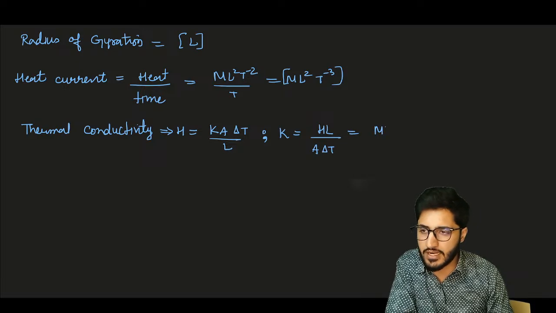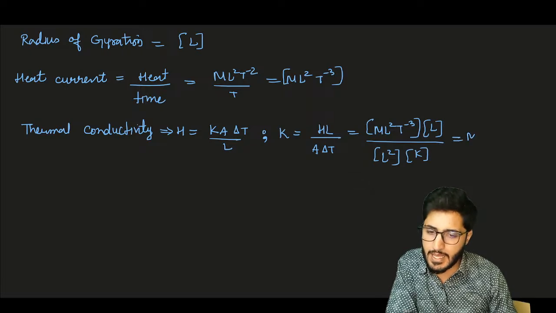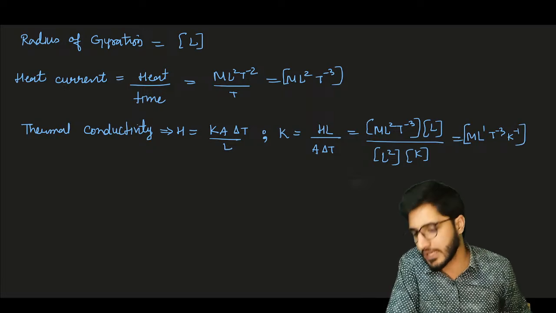H is heat current, that is ML2T^-3. What is L? L is length, that is L. Area, that is L square. Temperature, we are having Kelvin. I can write it as MLT^-3K^-1. Dimensional formula of thermal conductivity.